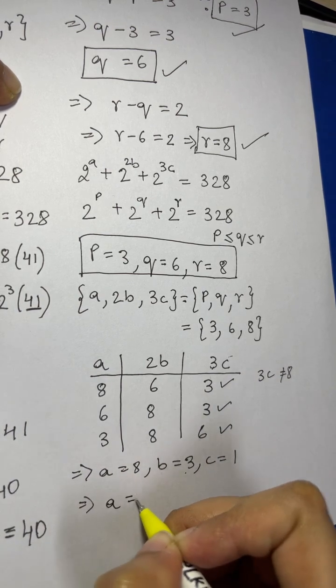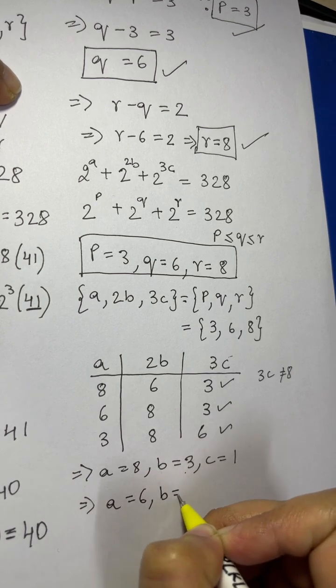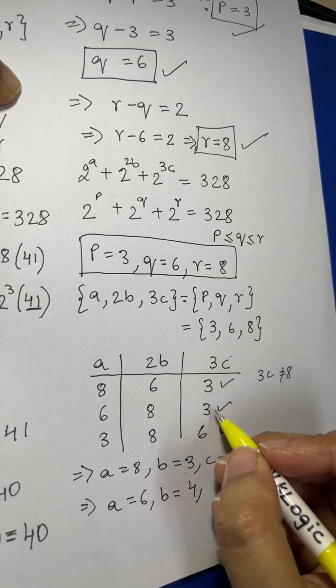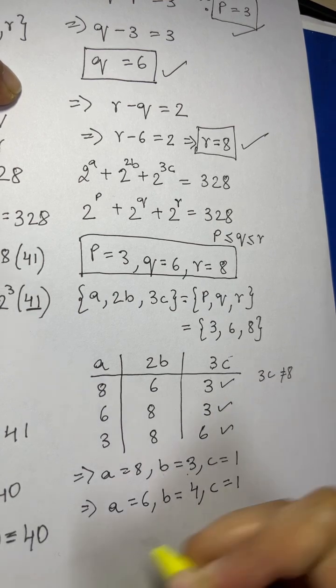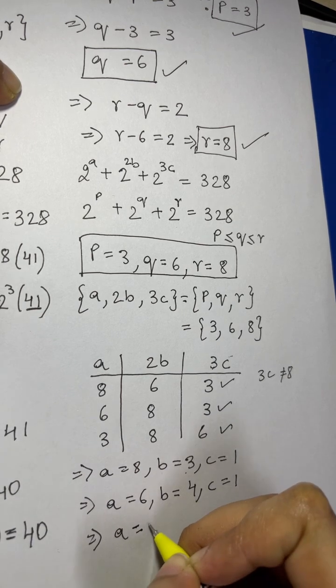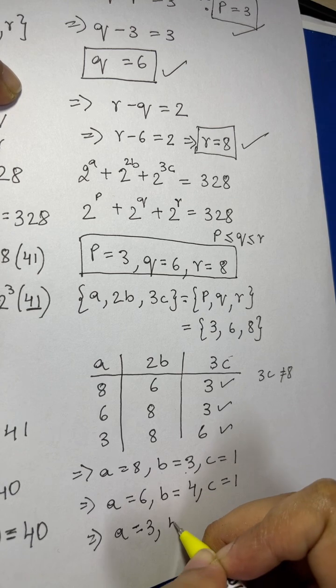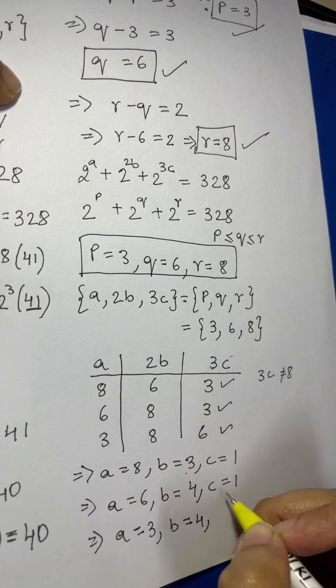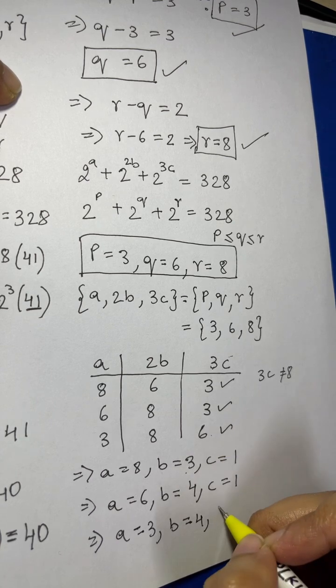Next ordered pair, if a is equal to 6, b is equal to 8 divided by 2, that's 4, and c will be 3 divided by 3, again 1. Next, a is equal to 3, then b will be 8 divided by 2, that's 4, and c will be equal to 6 divided by 3, that's equal to 2.